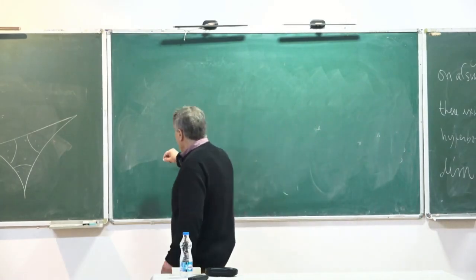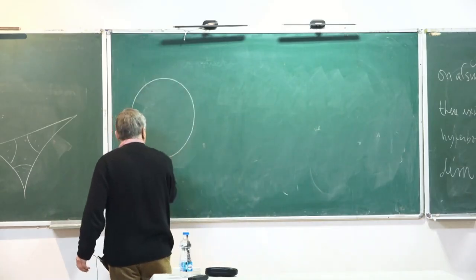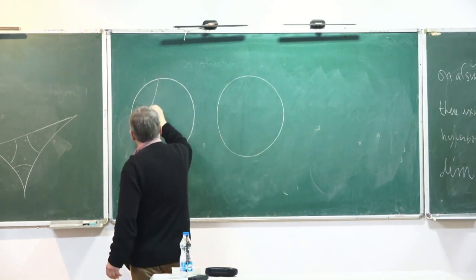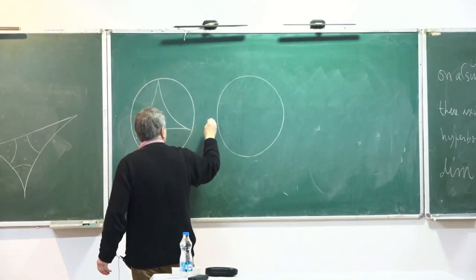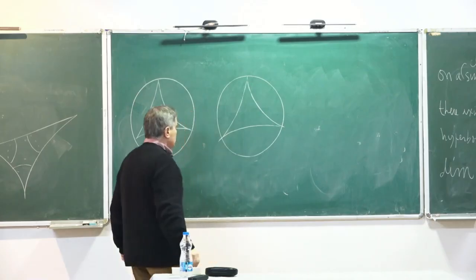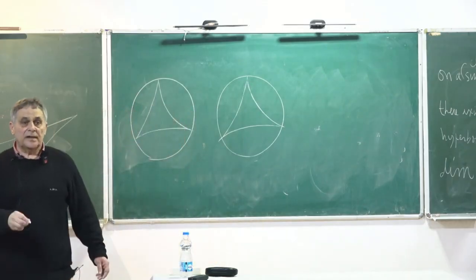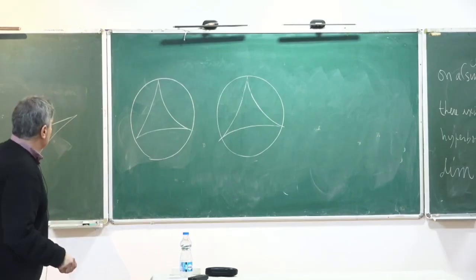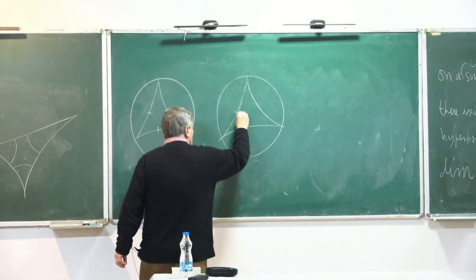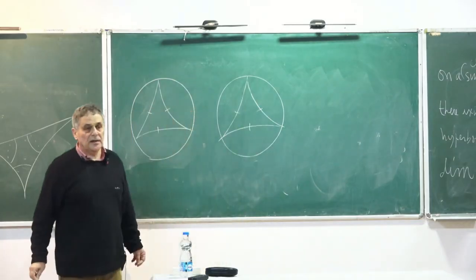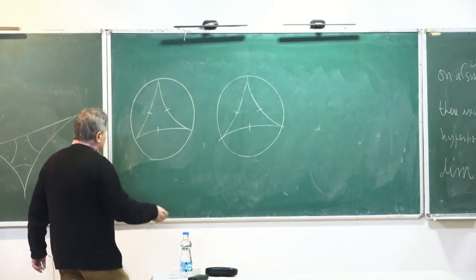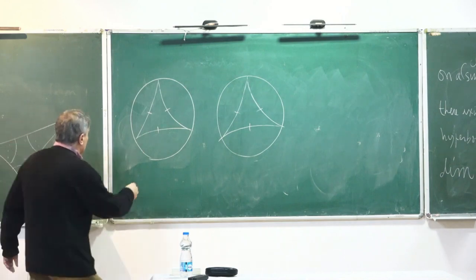So let us take 2, and I want to draw 2 pictures of ideal triangles. This is one here, and this is one here. Yesterday I discussed with some students here, and they know that an ideal triangle has 3 distinguished points on the boundary, defined in several ways.